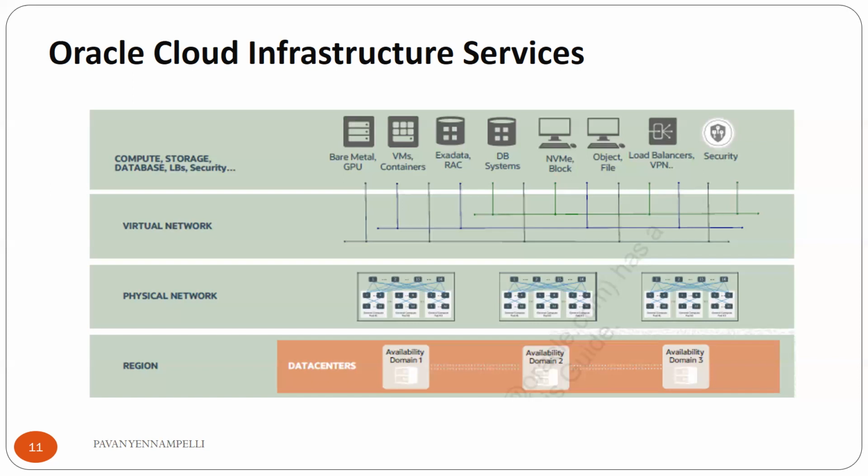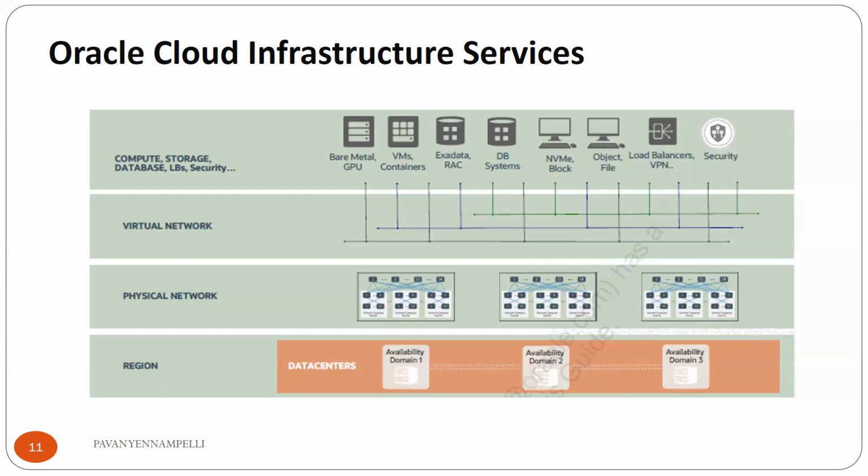For example, if India is a region, in India we have two sub-regions, availability domains, like Hyderabad and Mumbai. These are locations within the region, which we call availability domains. For every region we have three availability domains, and within every availability domain we have three fault domains.